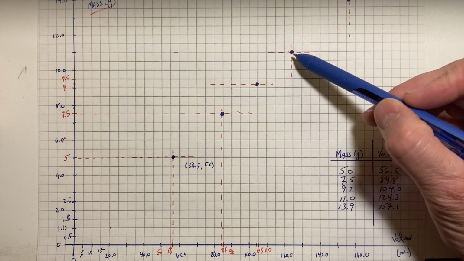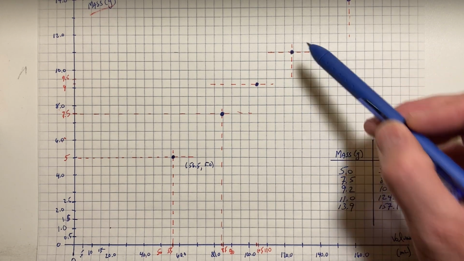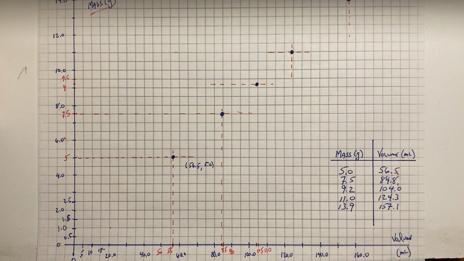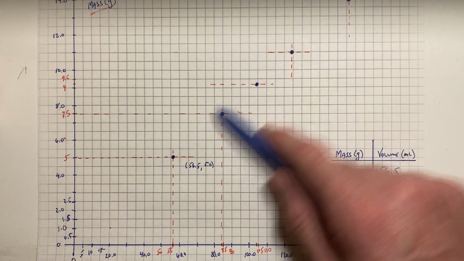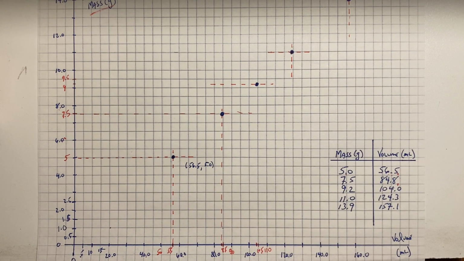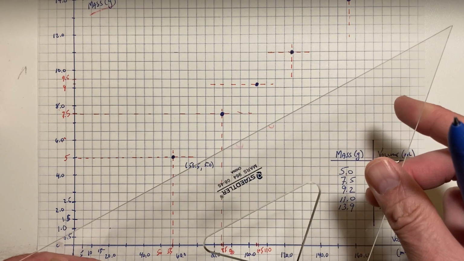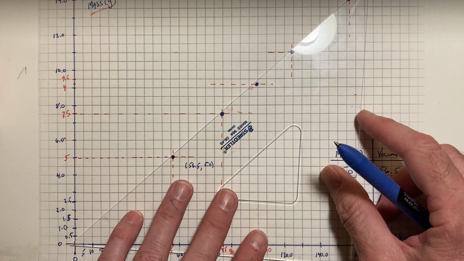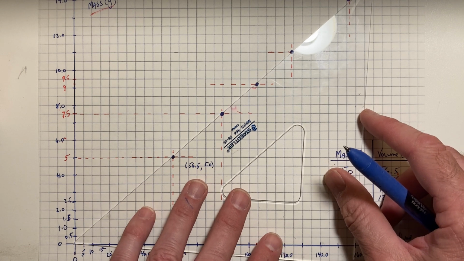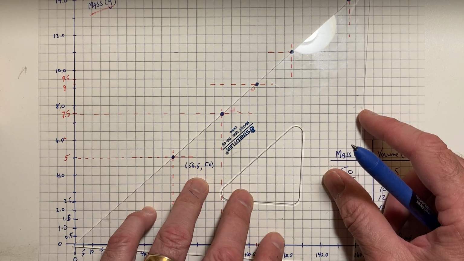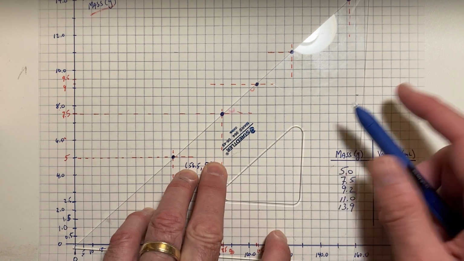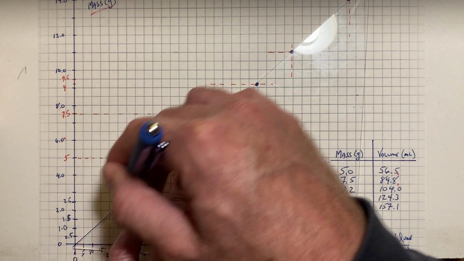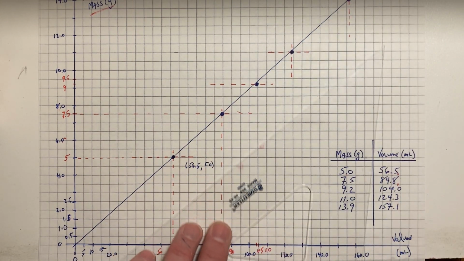All right, did you wind up with 2 points out here? We'll figure out in a second if your points were correct, because these points, if you look at them, look like they belong on a straight line. So what I want to do now is to take my ruler and put it down on the paper and try and find a line that will go through as many points as possible, and still leave me some points above the line and below the line.